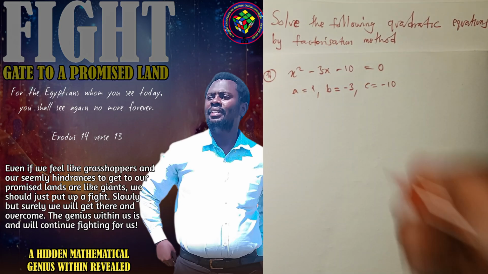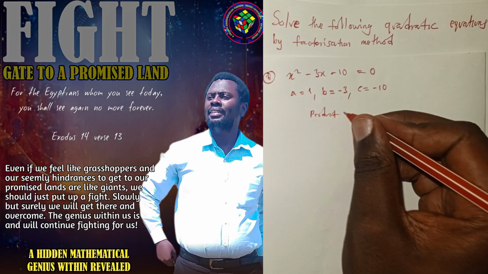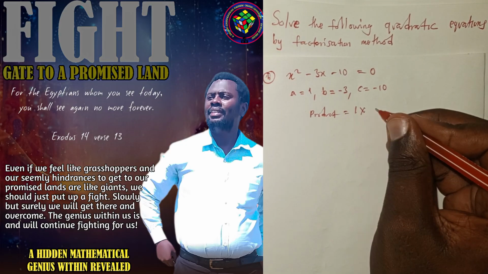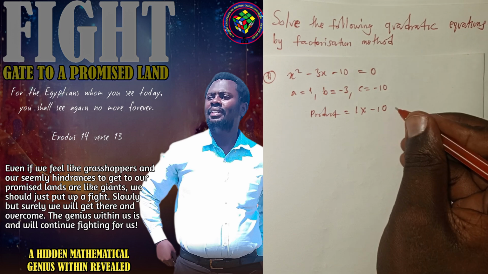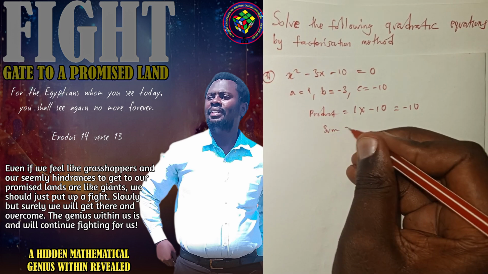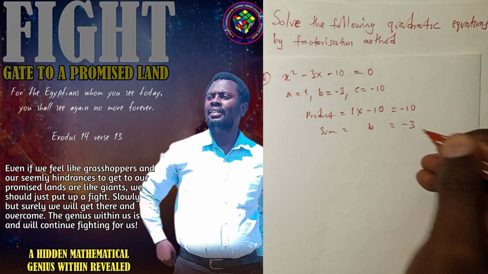Okay. So first step, find the product. So product is a times c, that is 1 times negative 10. So product is negative 10. Then sum is just b, and b there is negative 3.